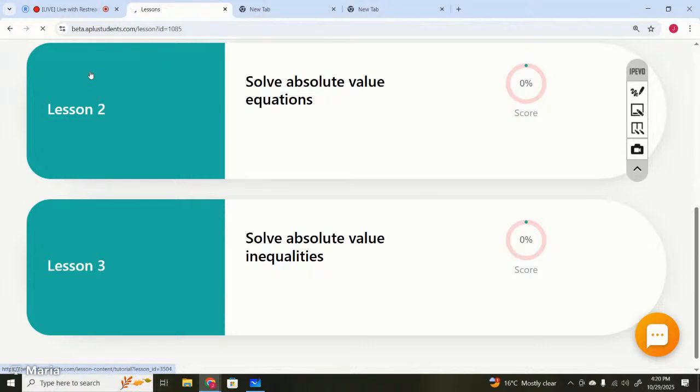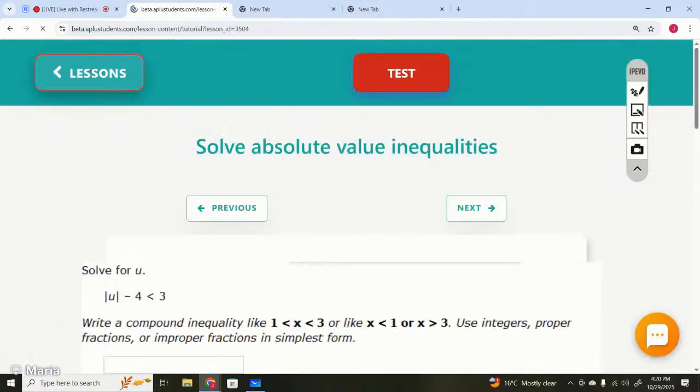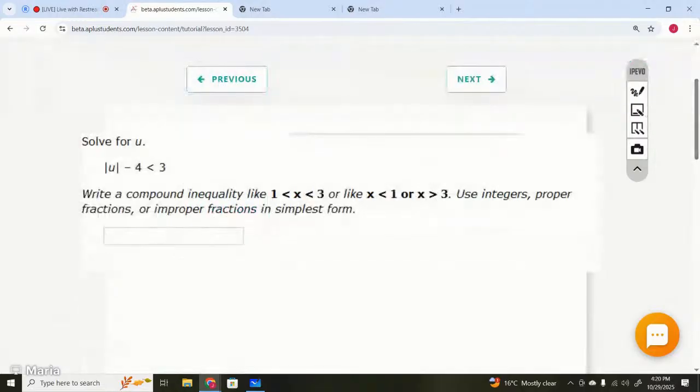solve absolute value inequalities. Absolute value of u minus 4 is less than 3.